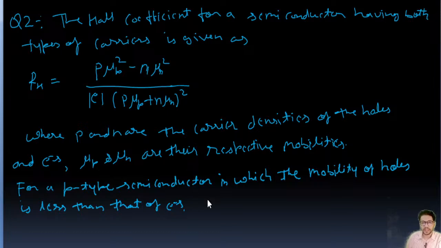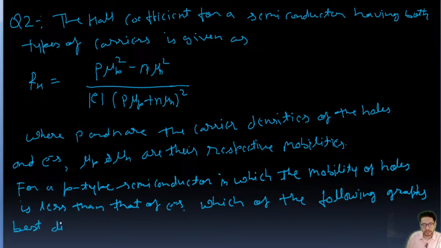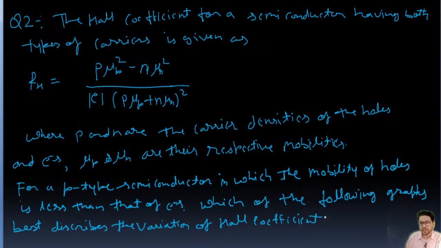Which of the following graphs best describes the variation of Hall coefficient with temperature?